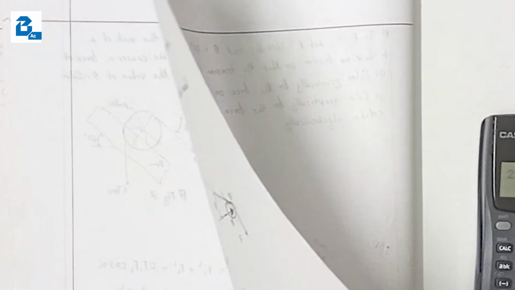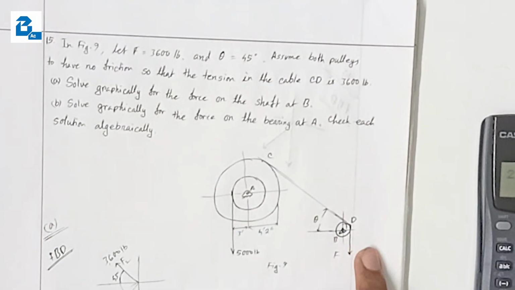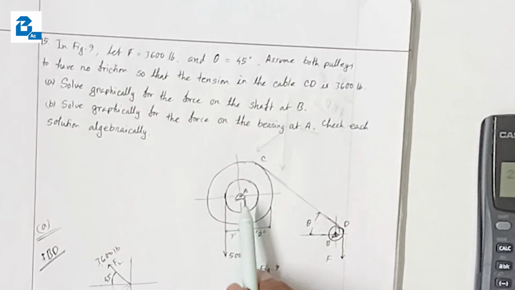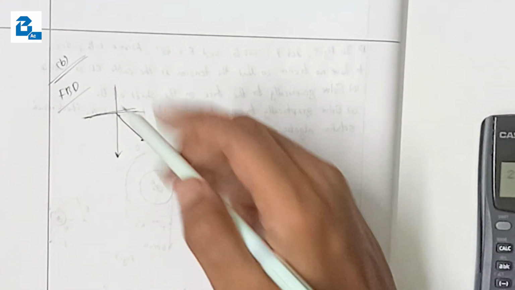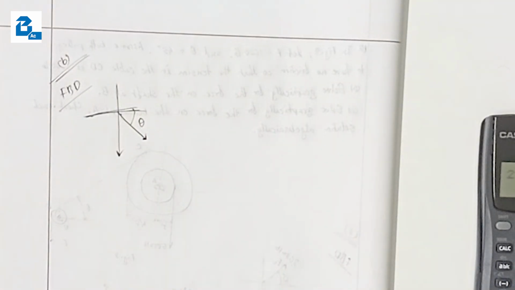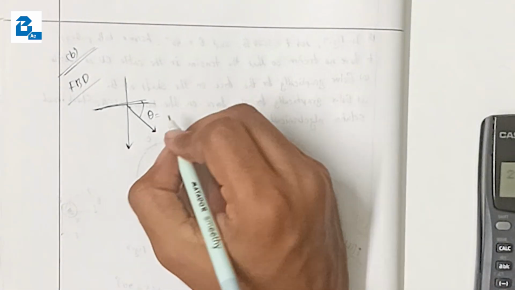And since we can see in the previous one that the angle with the second shaft and the cable, here we have theta degree, so we will also get a theta degree in here. And from the question we know theta equals 45 degree.